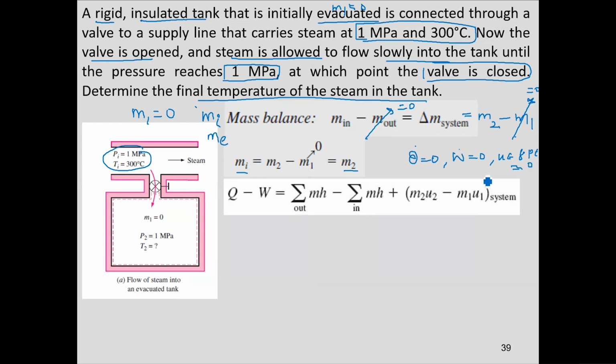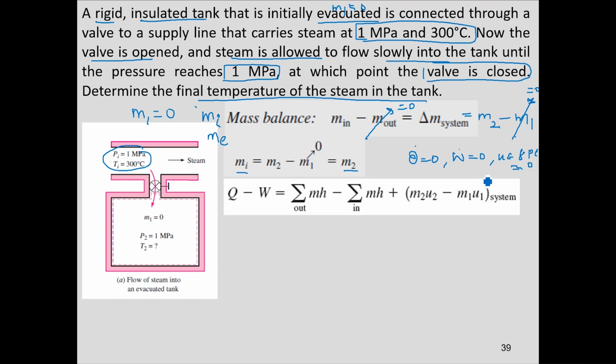In such a case, where you have Q 0, W 0, there is no mass flowing out of the system, so this term is 0. The mass at the initial state, M1, is 0, so this term is also 0. Essentially, you have a single inlet.